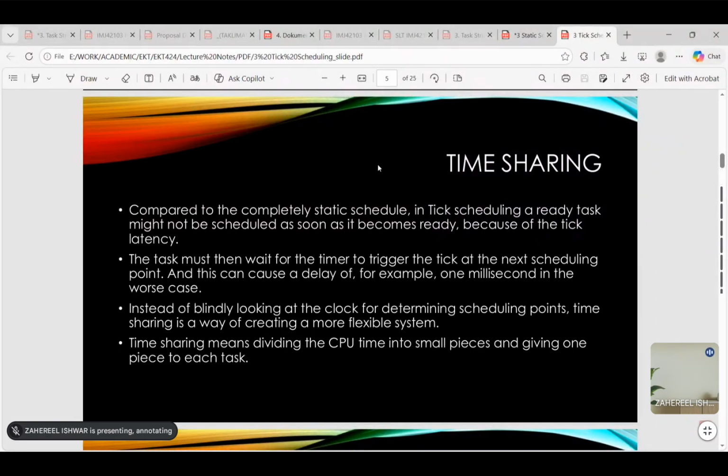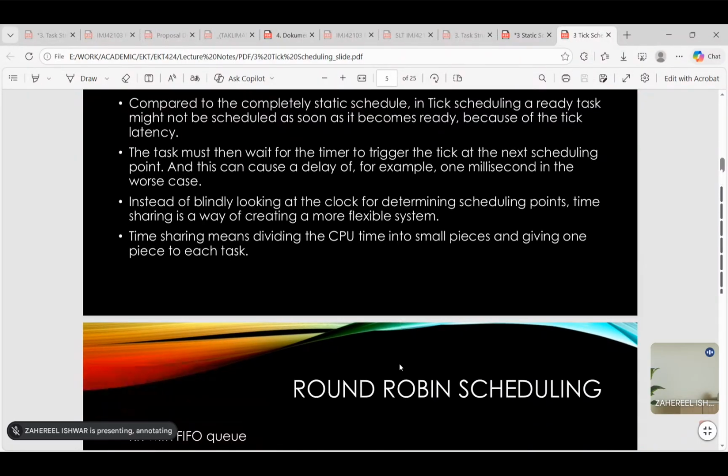Time sharing. What is a time sharing operating system? Time sharing means dividing the CPU time into small pieces and giving one piece to each task.